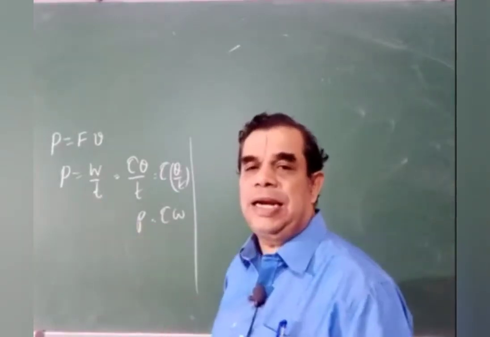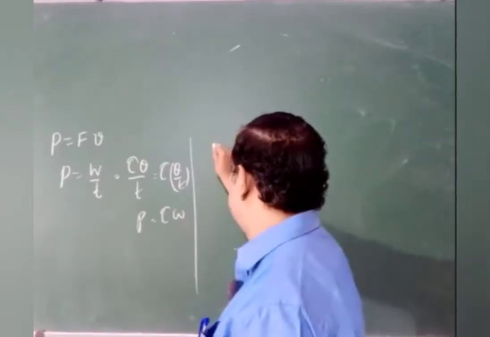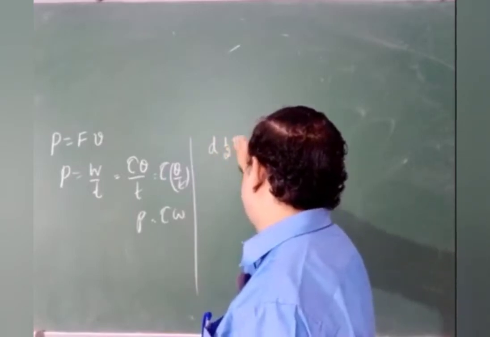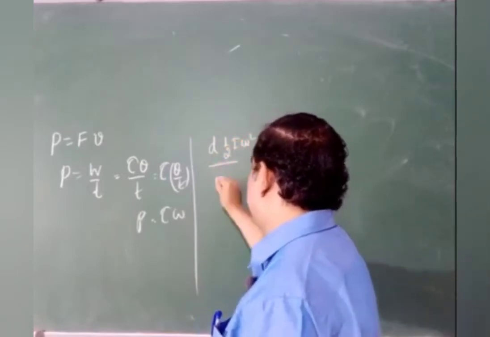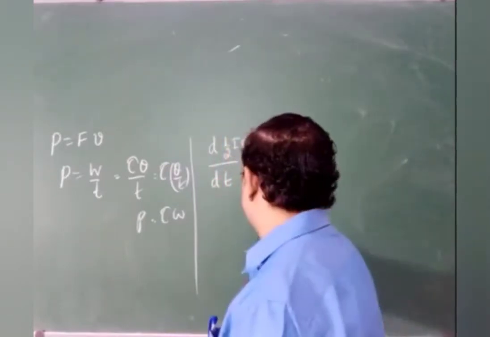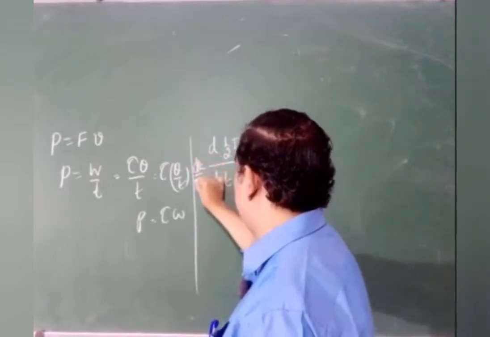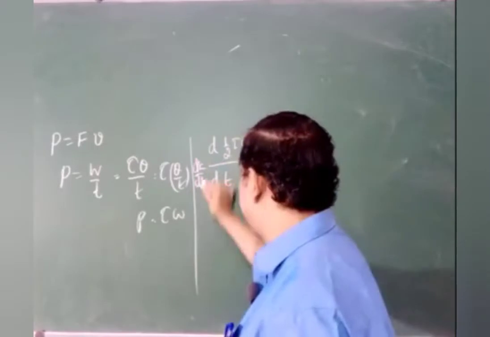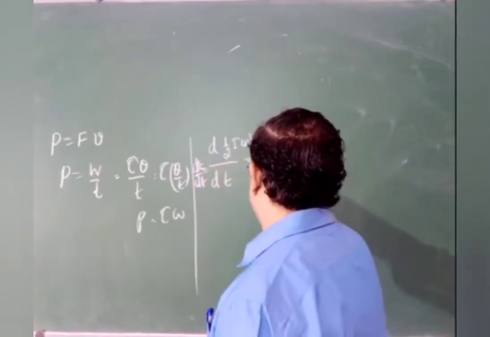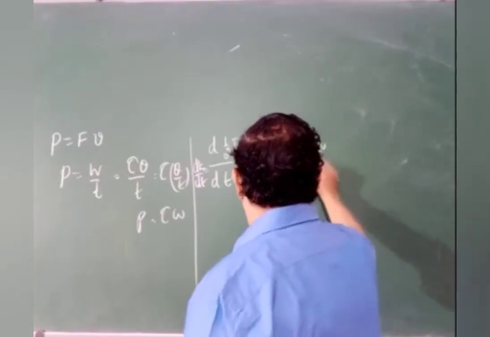Now we have learned that power means rate of doing work. Why don't we calculate the rate of change of kinetic energy? Half I omega square is the kinetic energy, with respect to time. Try, we'll see what we get. Rate of change of kinetic energy, dK by dt: it is half I, common there, 2 omega d omega by dt.